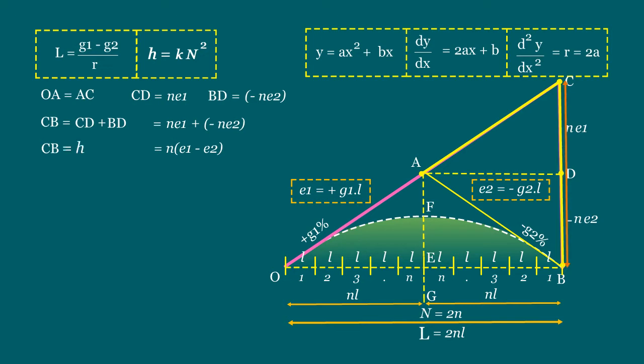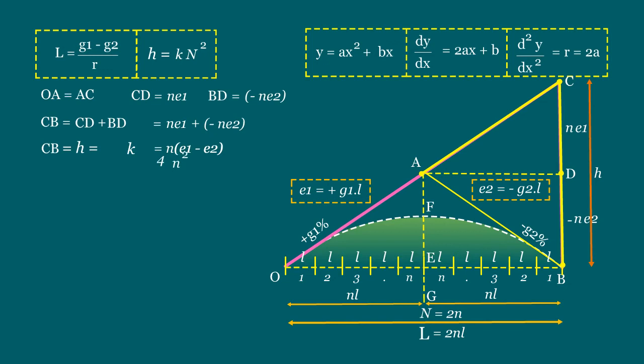Here, at the end of the curve, CB equals h. We already knew that h equals k n square. Here, N equals 2n. That means k N square equals k into 2n square, that is 4k n square. Finally, CB equals 4k n square, which equals n into e1 minus e2.